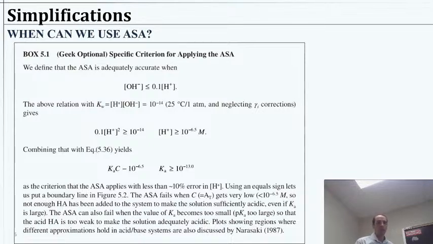Essentially, when our equilibrium constant times C minus, let's see, that 10 to the minus 6.5, I think that's indicating the threshold where H plus is 10 times OH minus. Okay, so anyway, if you care to read more about that, feel free to, but mostly it's under acidic conditions.